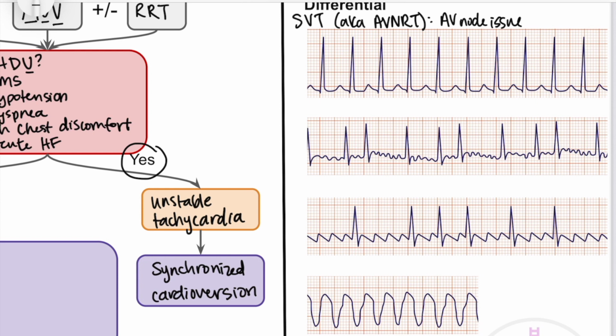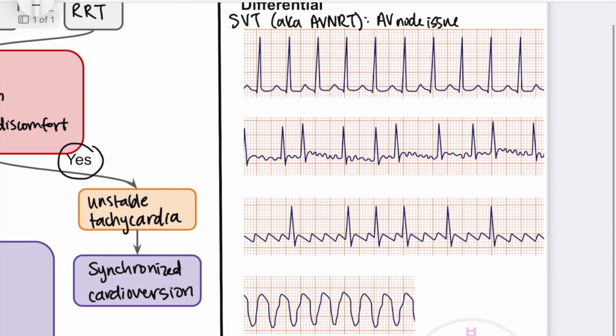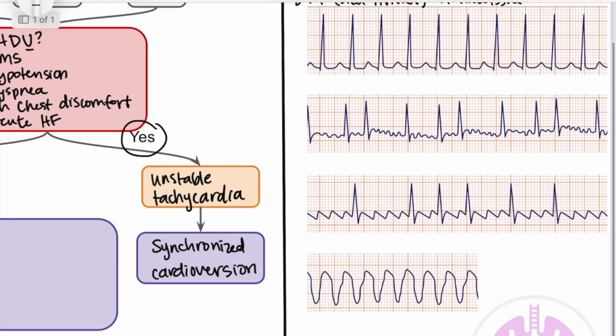The reason why we want to make sure to distinguish between this and an irregular narrow rhythm is because the treatments will ultimately be different. So an irregular narrow rhythm should make you think about something like AFib or A-flutter. We can go over and identify those on our EKG strips too.